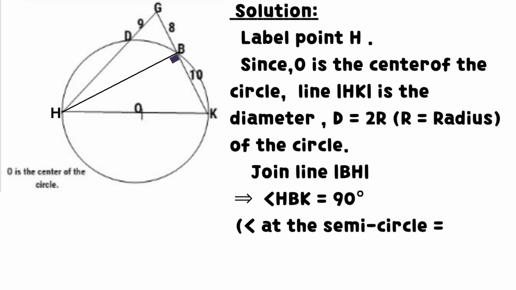Join line BH. It is because the angle in a semicircle equals 90 degrees.